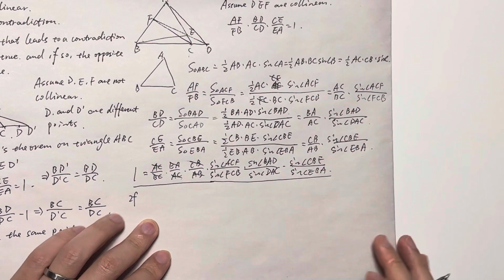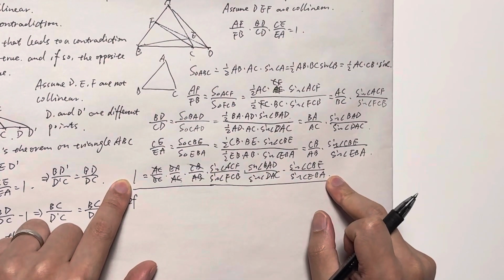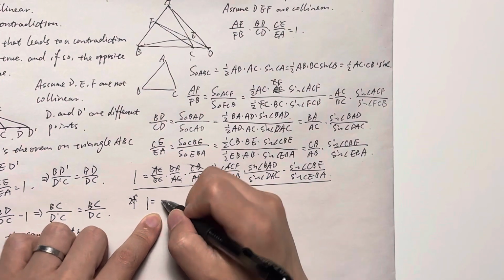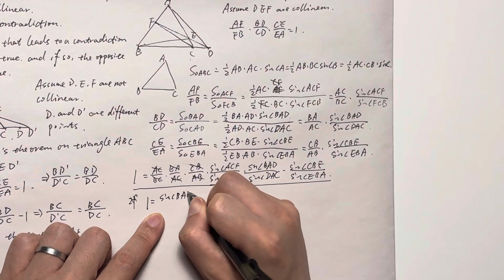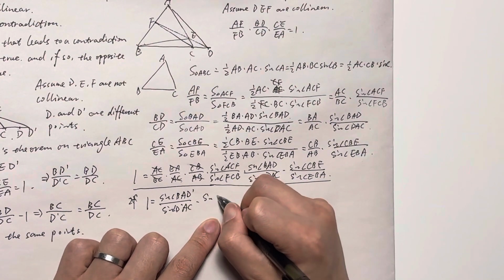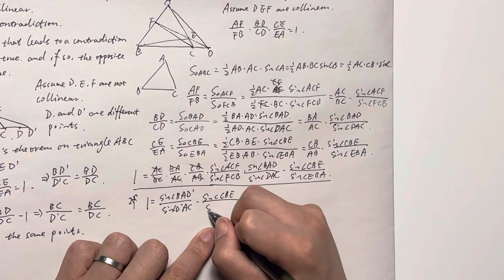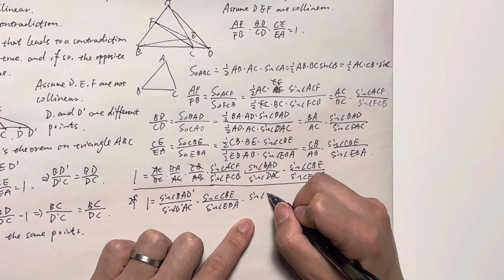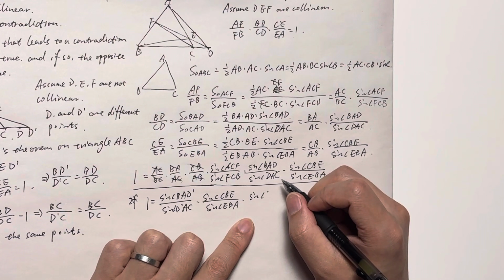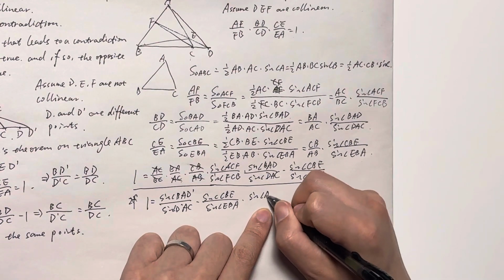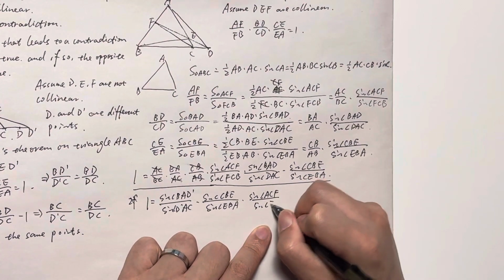That means we have this equation valid, and we also have 1 equals sine BAD prime divided by sine D prime AC times sine angle CBE divided by sine angle EBA times sine angle ACF divided by sine angle FCB.